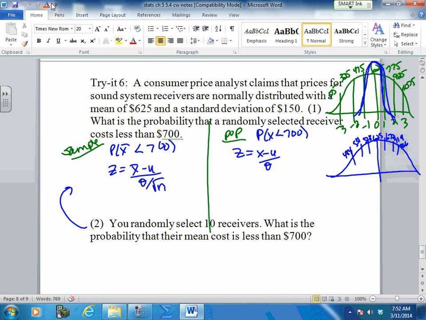And on the other side down here, you're sampling 10 receivers and using their mean, their average for all 10 to compare. So your normal curve for your population in green here is spread out. By the time you lower your standard deviation, your curve shrinks down like this. This curve is now superimposed on that curve.